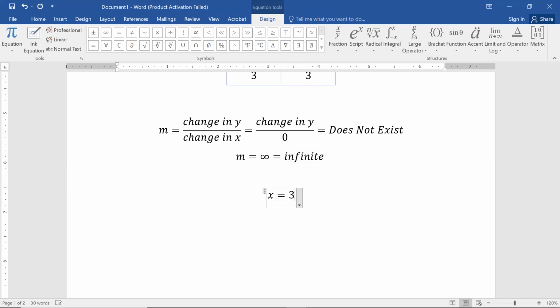However, with an equation like x equals 3, there's no way we can get slope-intercept form to fit here because the coefficient of y in slope-intercept form is 1, and we would have needed a coefficient of y to be 0. So slope-intercept form cannot fit vertical lines.